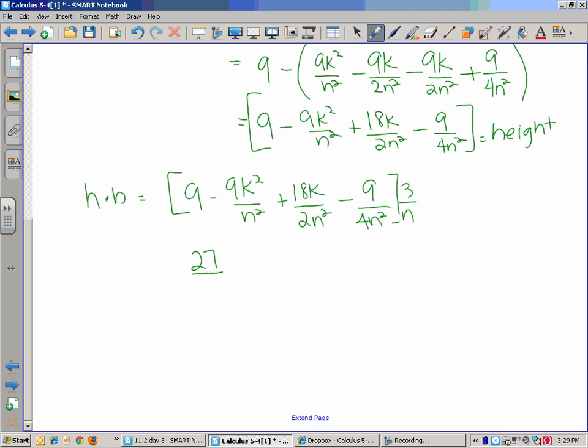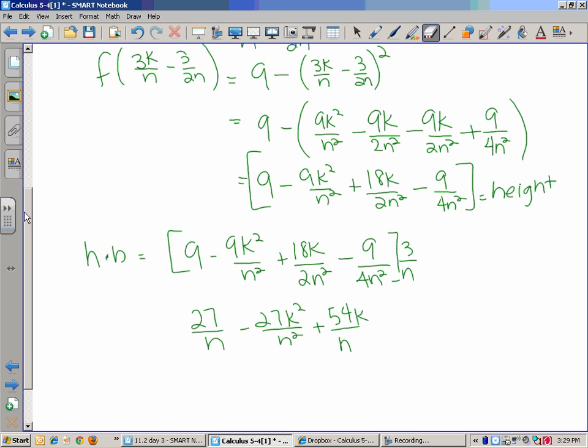27 over n minus 27k squared over n squared plus 54k over n cubed. Ooh, bad. Bad, Miss Collins. That's an n. Let me see. 18k.